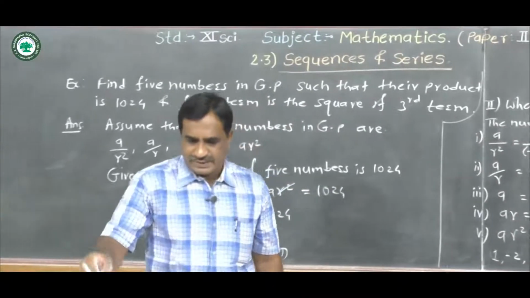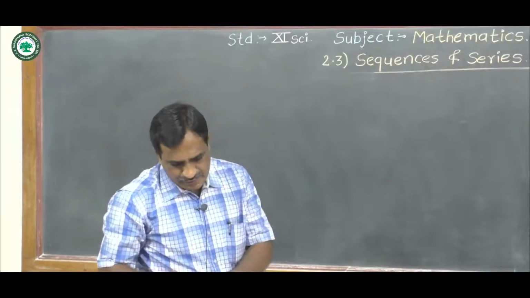Okay, these are the 5 numbers in GP. Now we see the next example here.